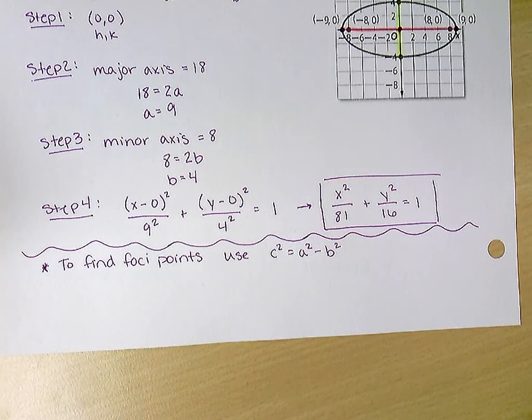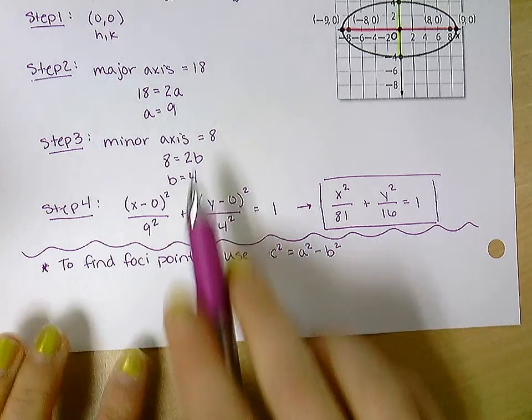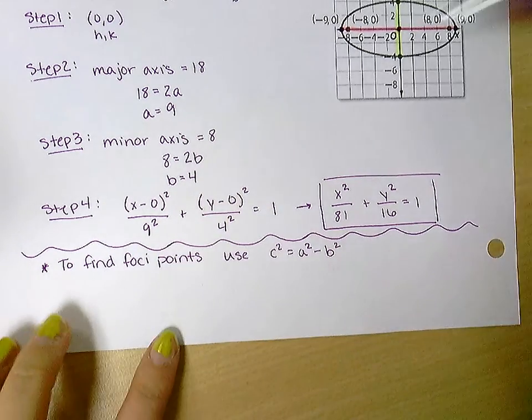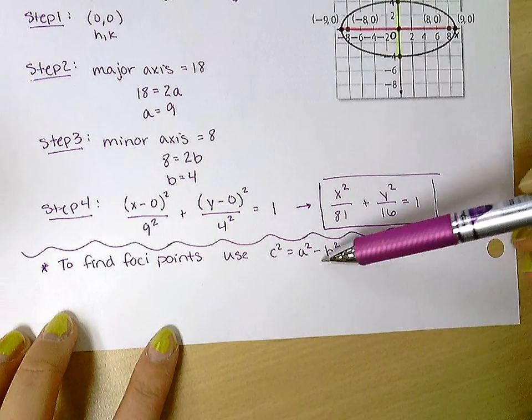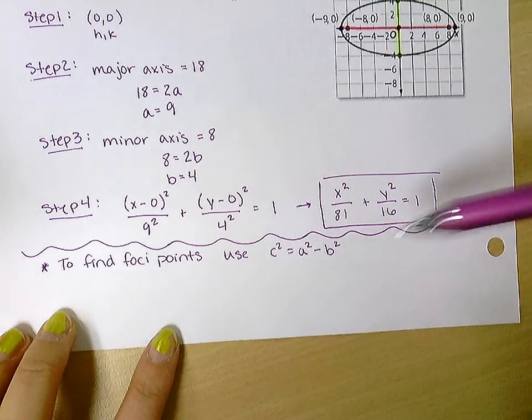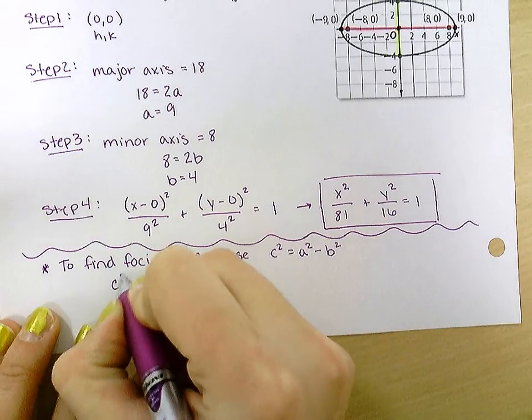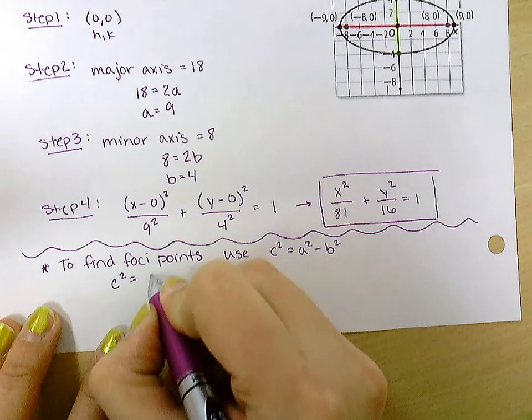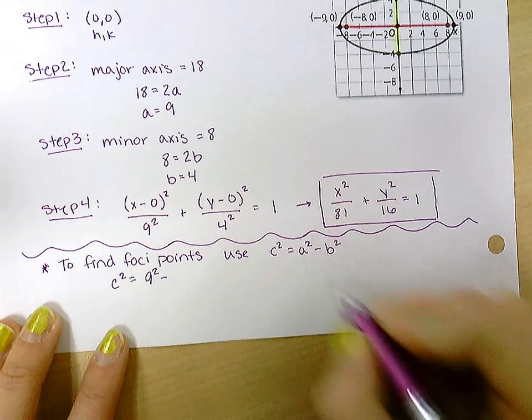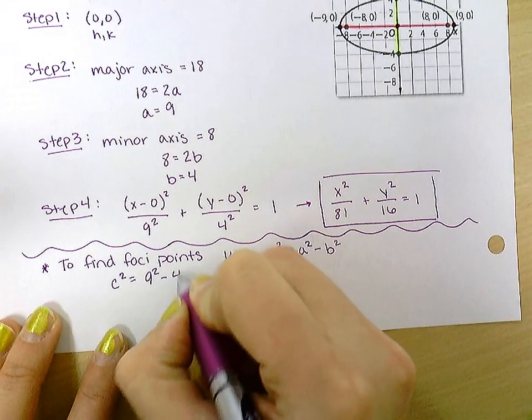Okay, so to find your foci points, you have to use this equation here because you need to use c to find those. Okay, so up here, you have your a and b values. Okay, it's 9 and 4. So to find c, we just plug those in. So I would have c squared is equal to a squared, so a is 9, minus b squared, that's 4.